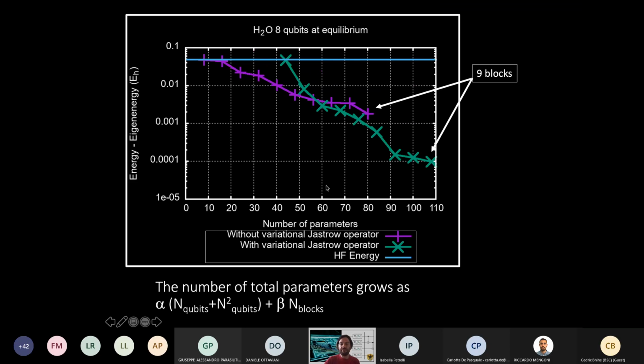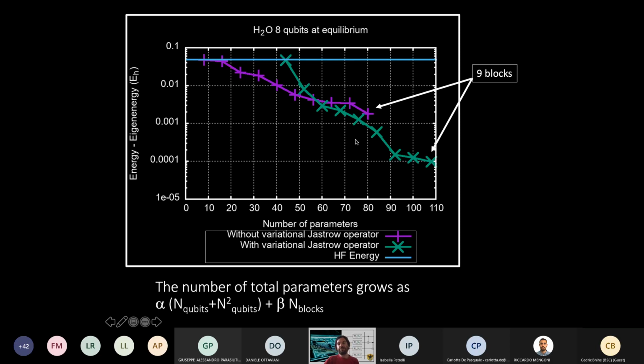This is a plot that summarizes the previous data, plotting them as a function of the number of parameters.